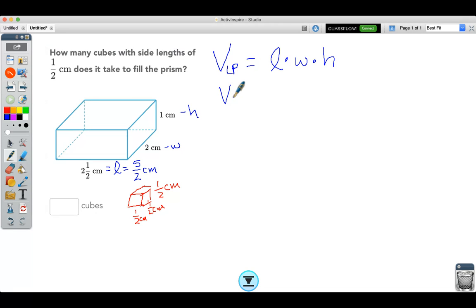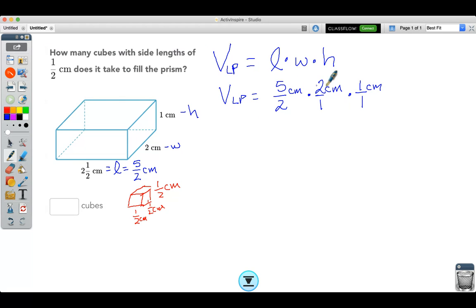So volume of large prism equals 5/2 centimeters times width of 2 centimeters, which I'm going to call 2 over 1, times height of 1 centimeter, which I'm going to call 1 over 1.